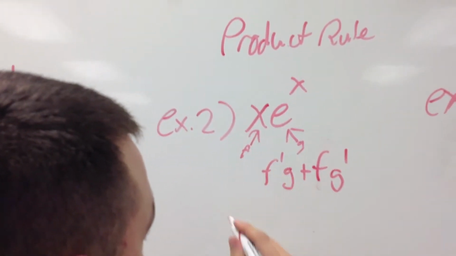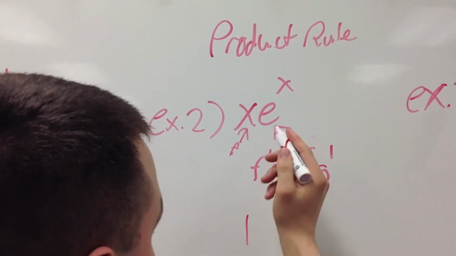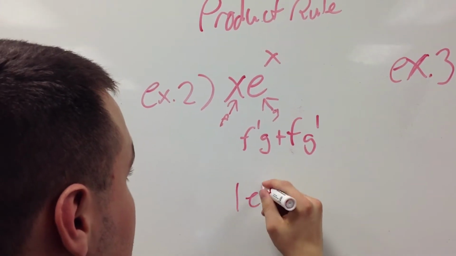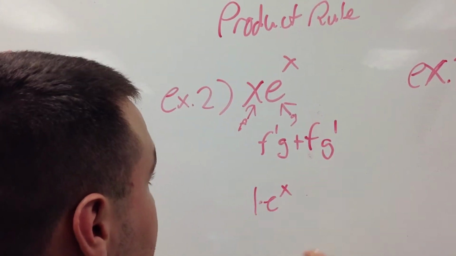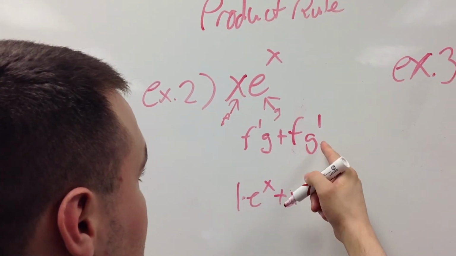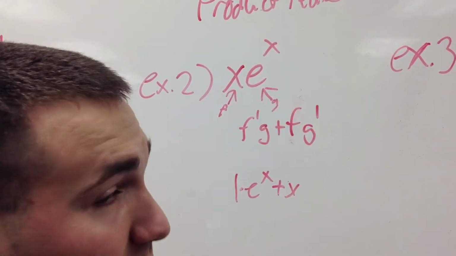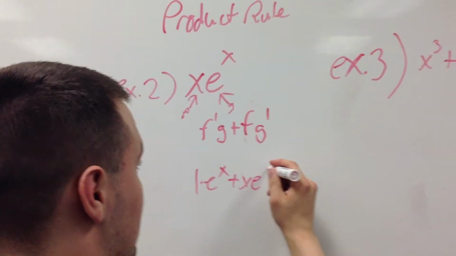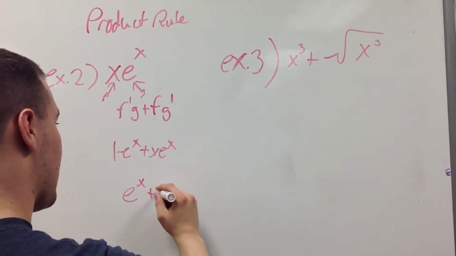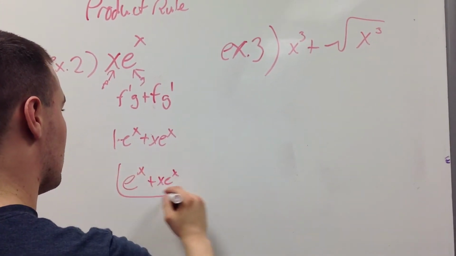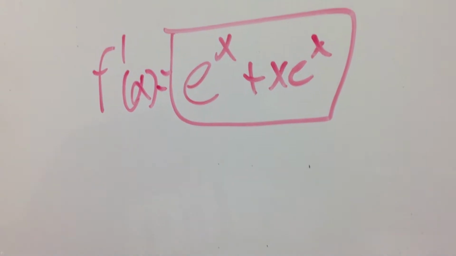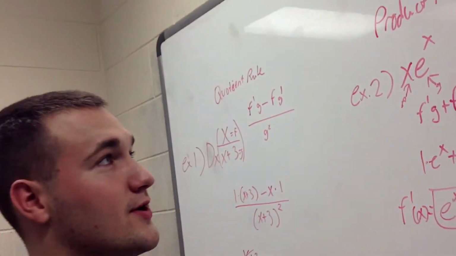F prime, x prime is just 1 times g, which is just going to be e to the x. Remember, this is multiplied. Plus your f, which is just going to be x, times your derivative, e to the x. Remember, e to the x is just e to the x, so that's left you with that. So, your final answer is going to be e to the x plus x e to the x. And that's your first derivative.